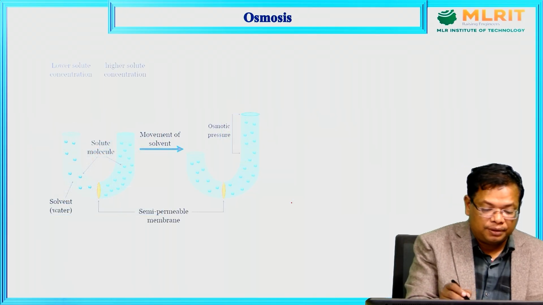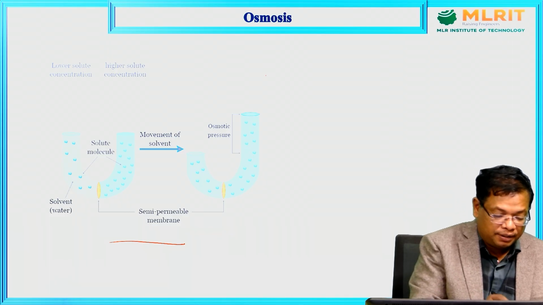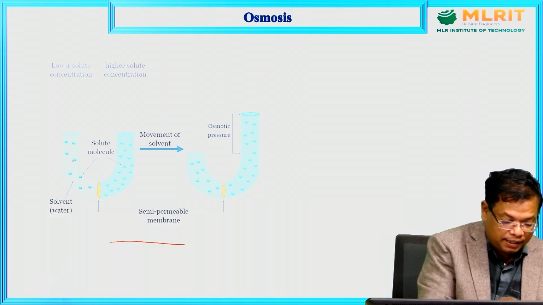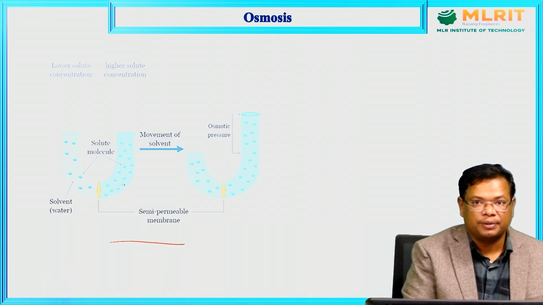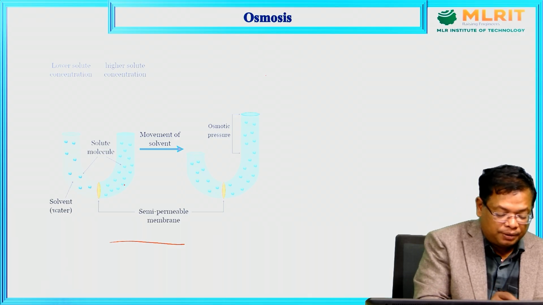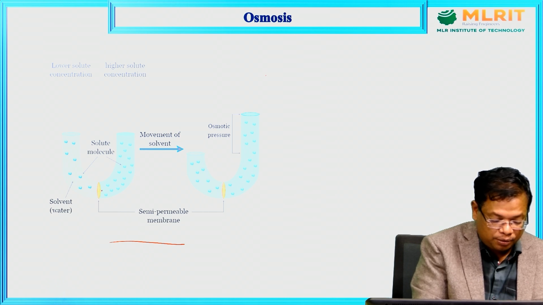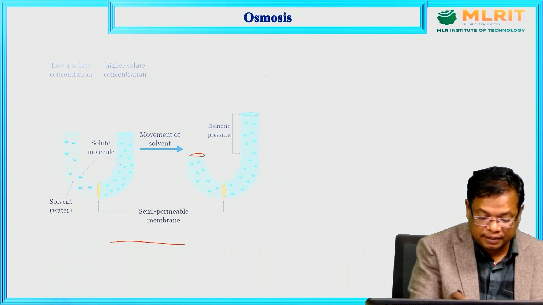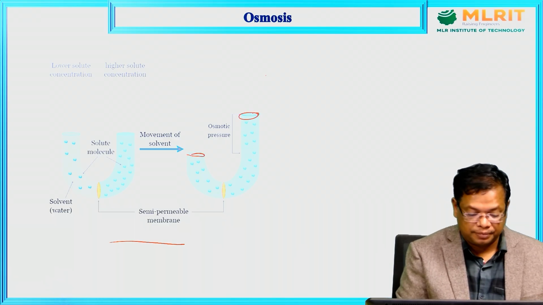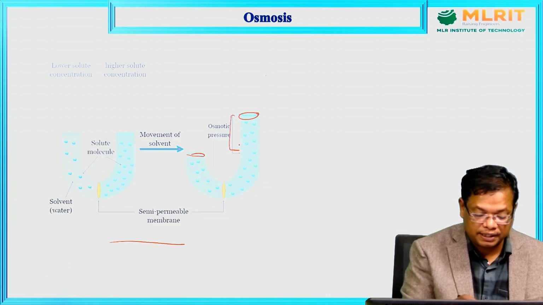You look here, this is a very clear picture. These are the solute particles, lower solute concentrated solution, and this is higher solute concentrated solution. The movement of the solvent through the semi-permeable membrane gives you this kind of water levels. This is called osmotic pressure, as we discussed just now.